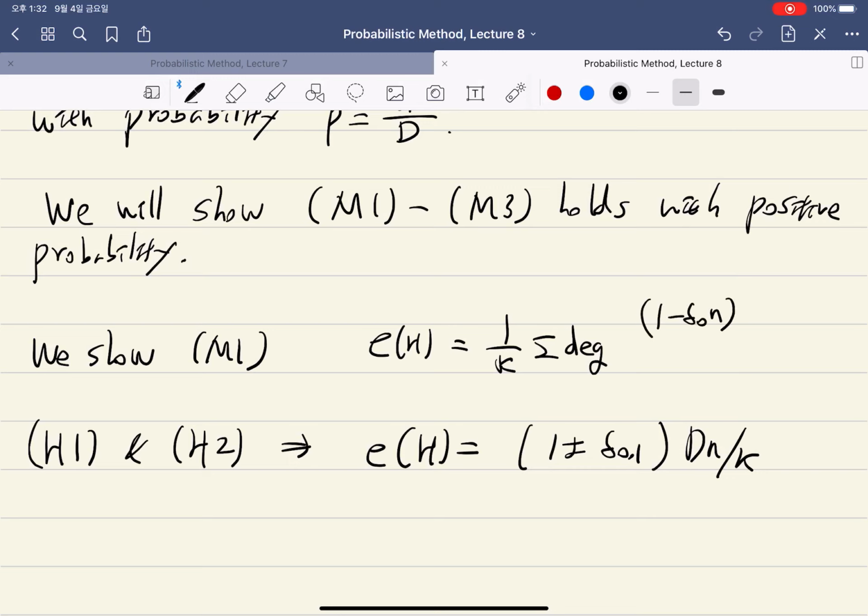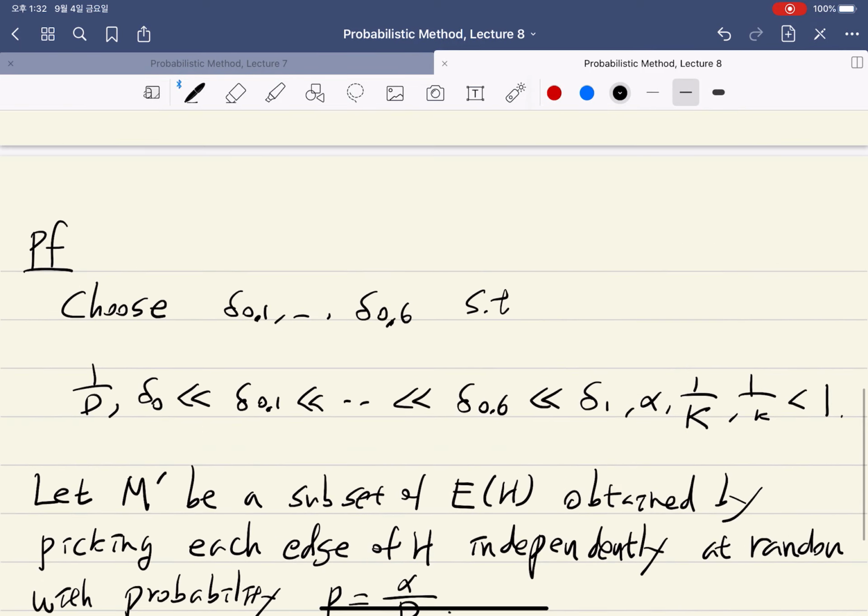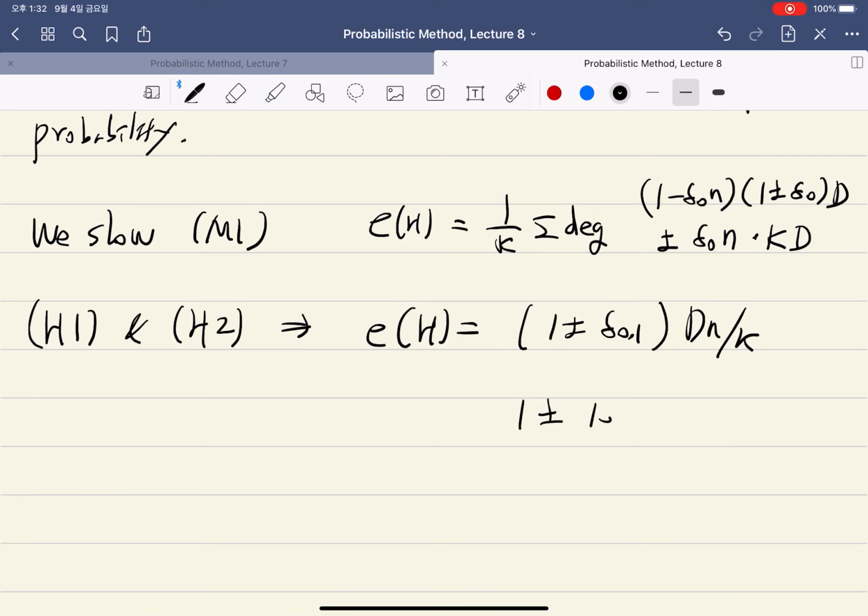at most this many vertices have degree 1 plus or minus delta 0 times d, and at most this many vertices have degree at most k times d. Then you can show that the number of edges is 1 plus or minus, say, k delta 0. Let's just say k is bigger than 1, so 10k delta 0 times dn over k. You can actually prove this.